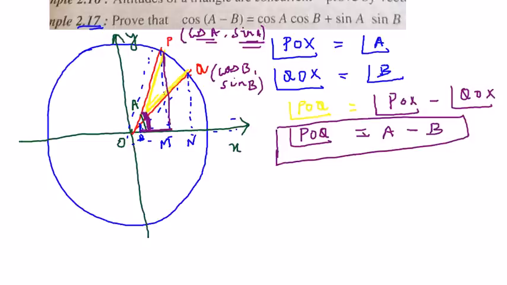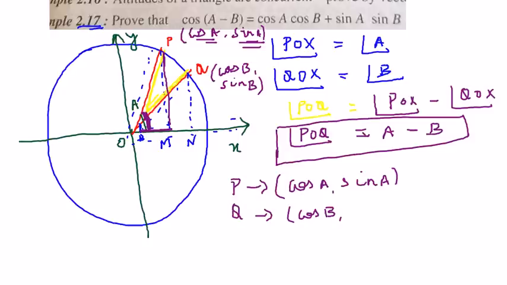Once this diagram is drawn neatly, you will be given a couple of marks for the diagram itself. So we write the coordinates of P as cos A comma sin A, and Q as cos B comma sin B. Now it becomes very easy.